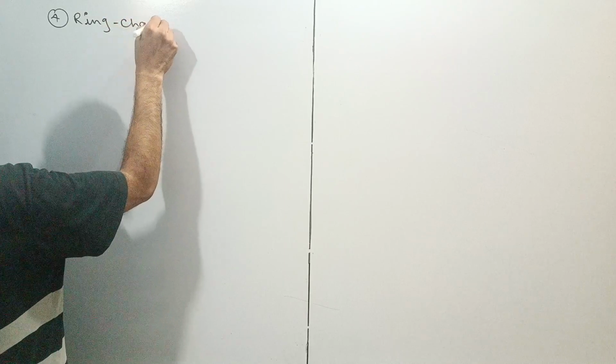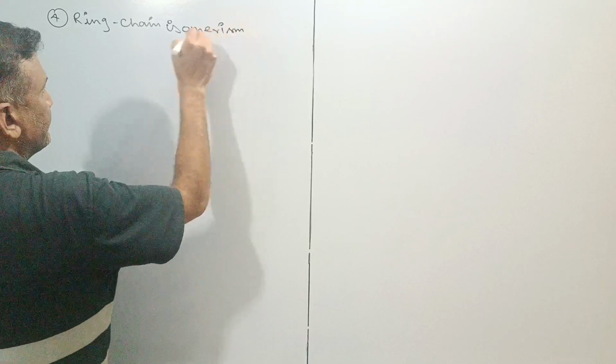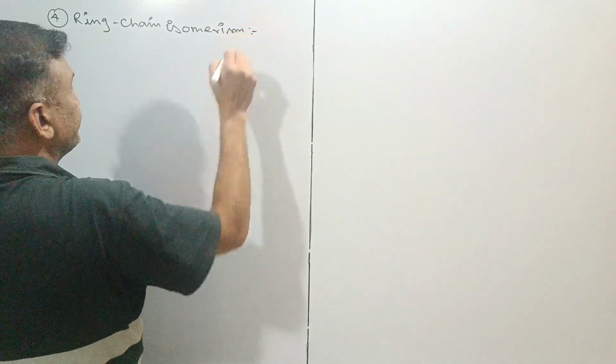Ring chain isomerism. What is the basic thing?